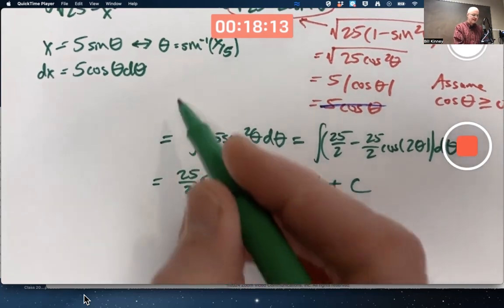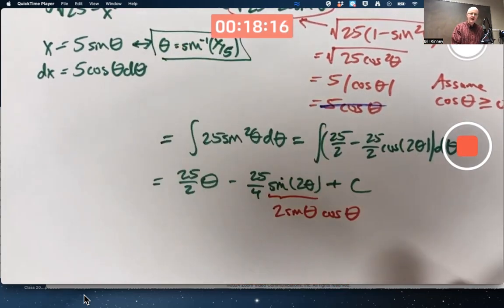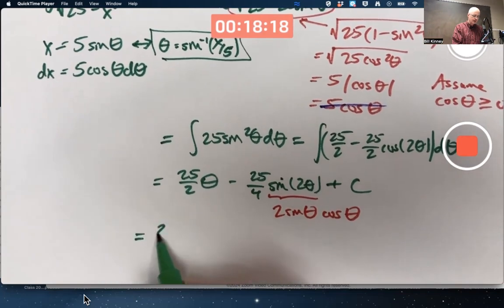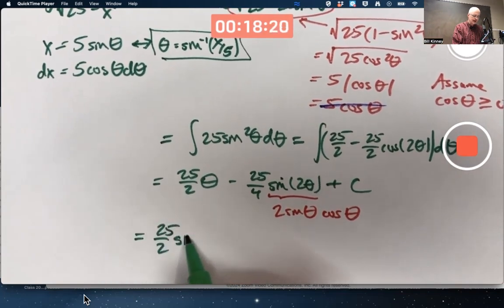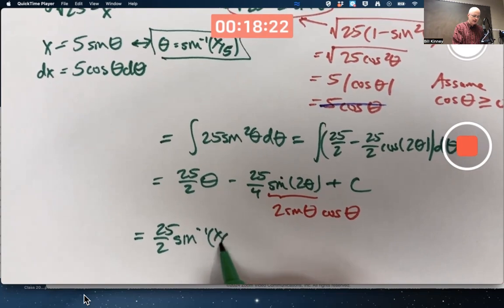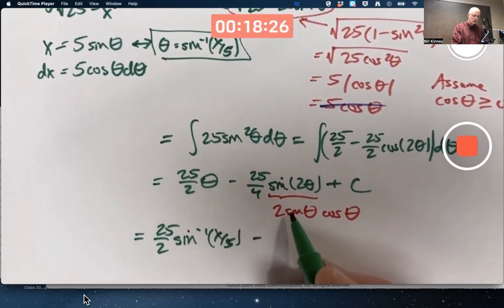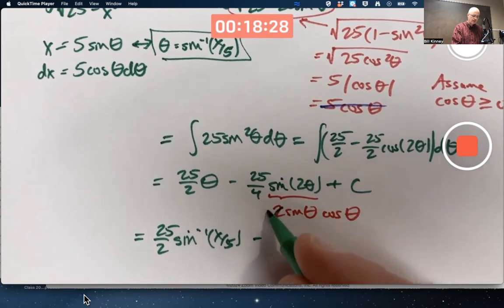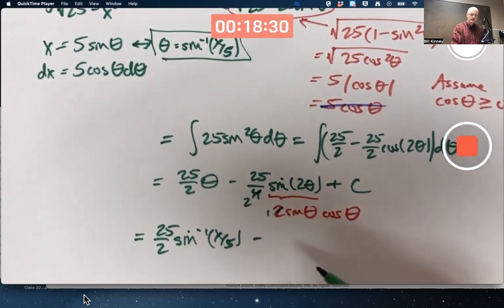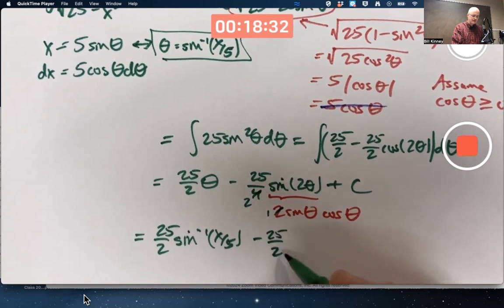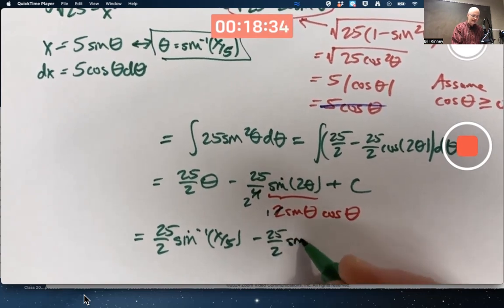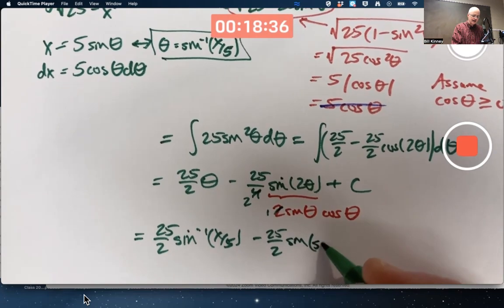So using the fact that theta is inverse sine of x over 5 now, this becomes 25 halves inverse sine of x over 5 minus the 2 will cancel with the 4, leaving a 25 halves. Sine of theta is sine of inverse sine of x over 5.